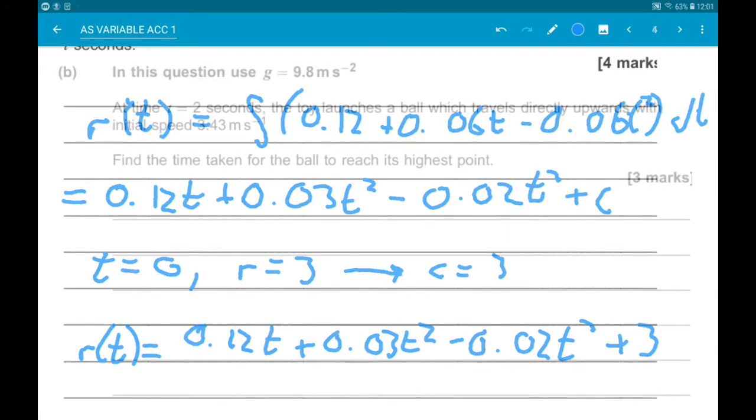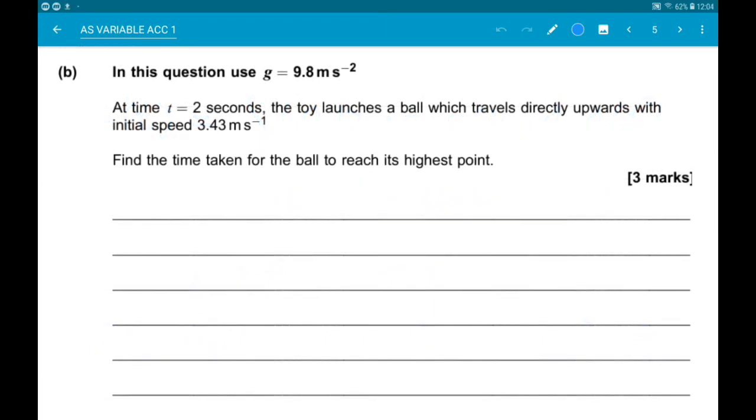Done. Given for part B, the bit of SUVAT, so we're using g as 9.8 meters per second squared.